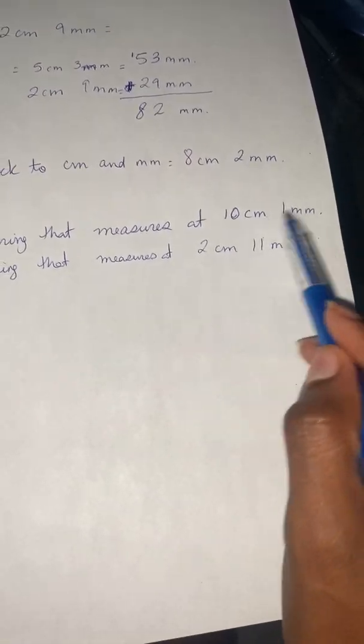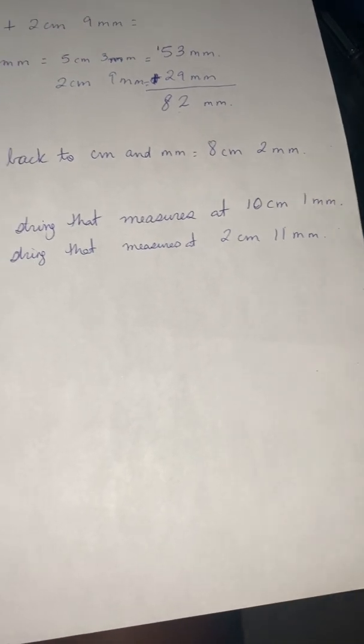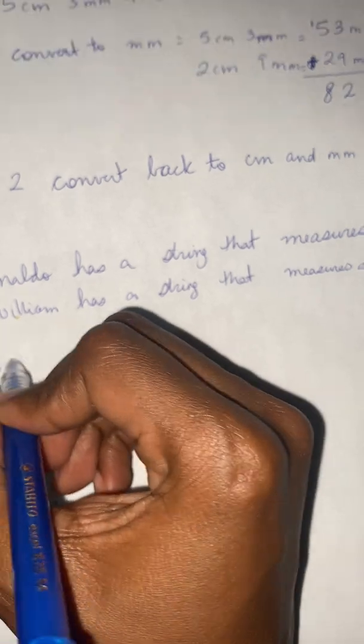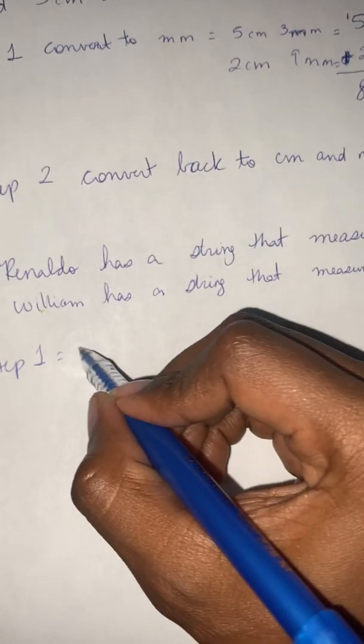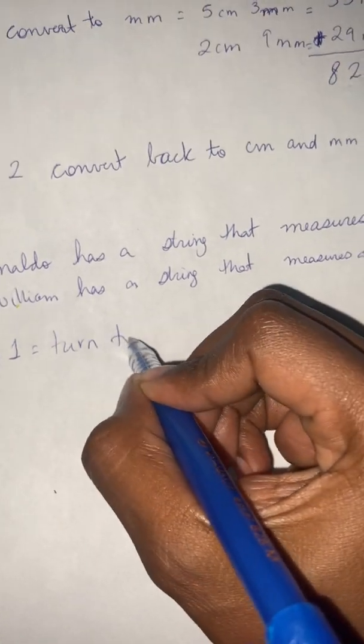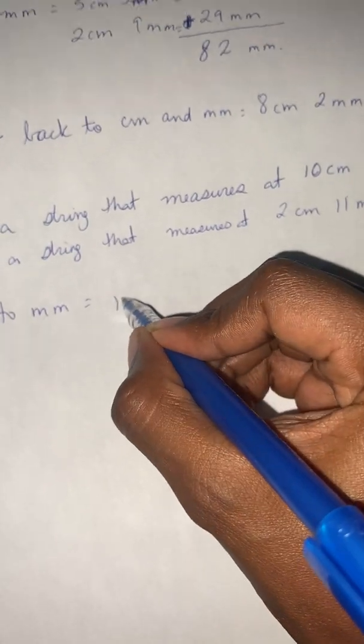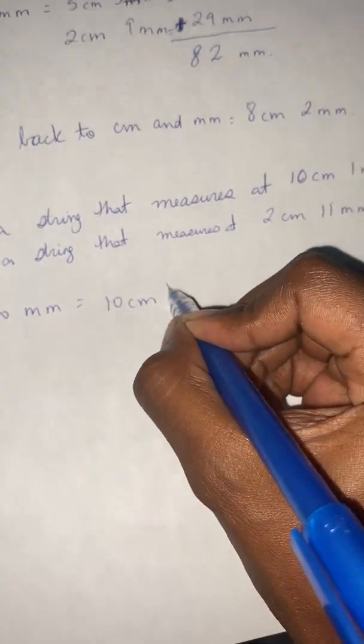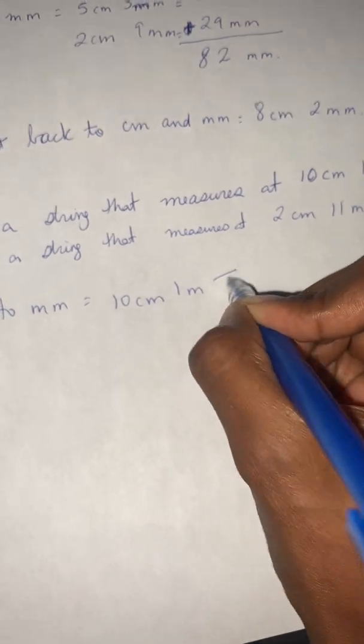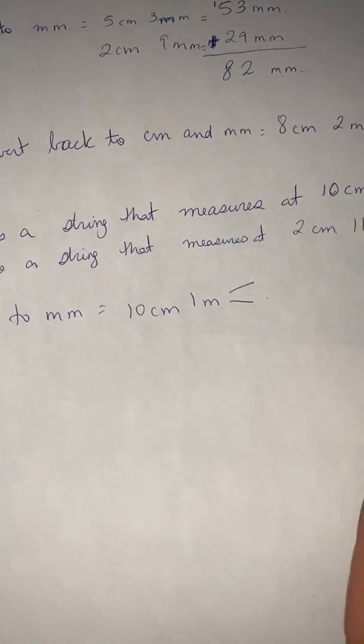Now I have to convert everything to millimeter so that I could add. So that's my step 1. And I'm just gonna shorten it. Turn to millimeter. So I'm gonna put my first measurement here, 10 centimeter 1 millimeter, and I'm just gonna do that so that I can convert it.